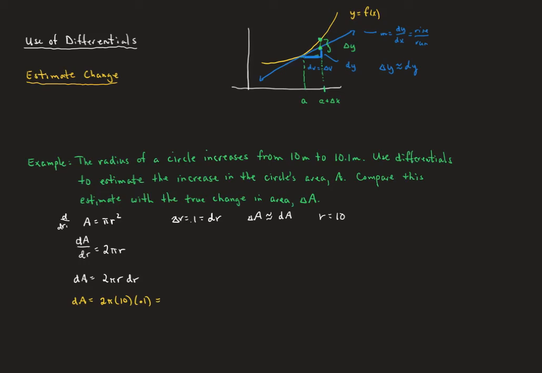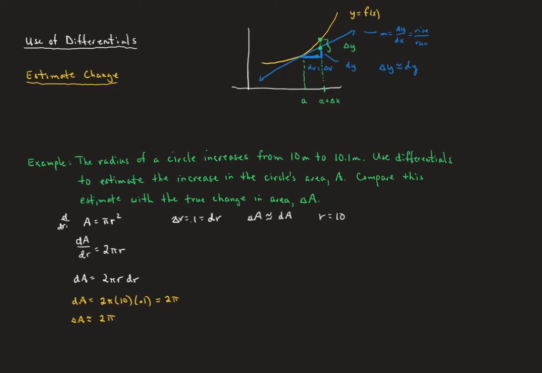So the 10 times the 0.1 is just 1, and so we're going to get 2 pi as that approximation for the change in the area. So we would say the change in the area as we increase that radius from 10 to 10.1 is going to be about 2 pi.